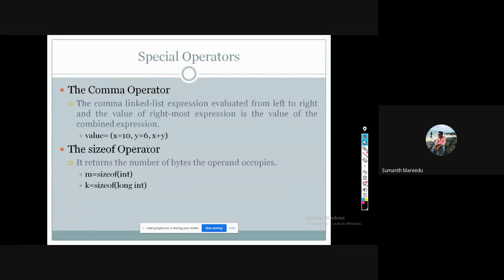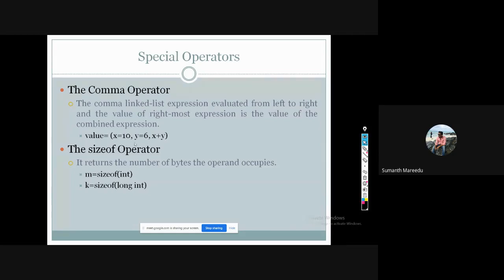That symbol is also considered as one operator in this language. The comma-linked expressions are evaluated from left to right, and the value of the rightmost expression is the value of the combined expression.